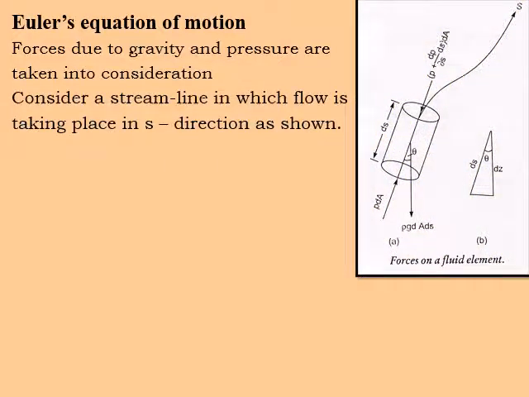This is the diagram. Consider the fluid element, whose length is d of s and area is d of a, and the fluid is flowing along the streamline, in the s direction as shown in the figure.